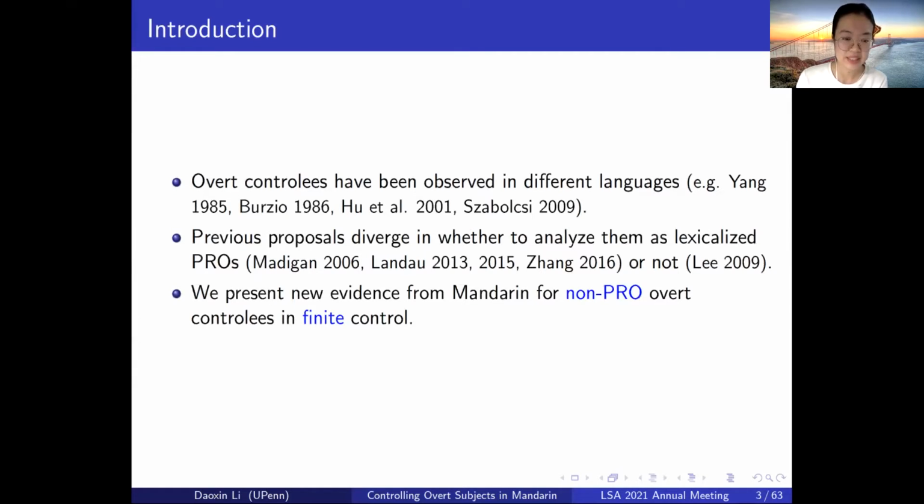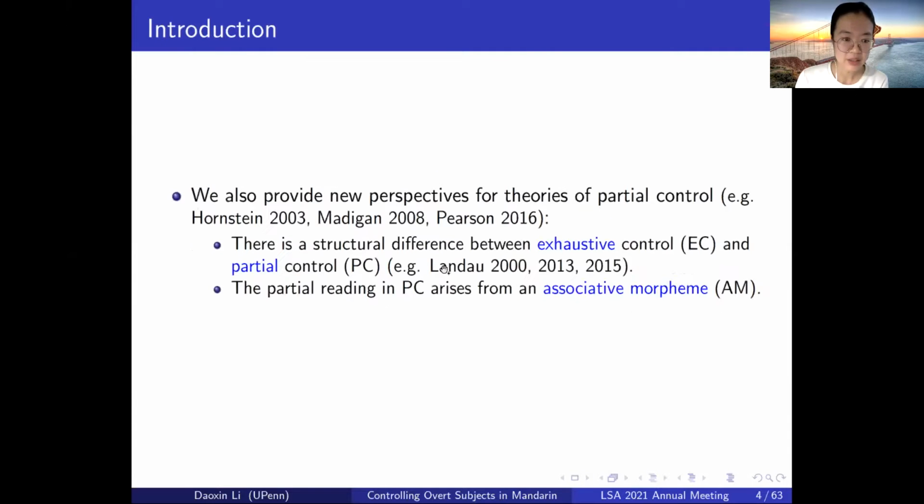Today we'll present new evidence from Mandarin for non-big-PRO overt controlees in finite control. We also provide new perspectives for partial control theories. We'll show that there is a structural difference between exhaustive control and partial control, and that the partial reading in partial control arises from an associative morpheme.